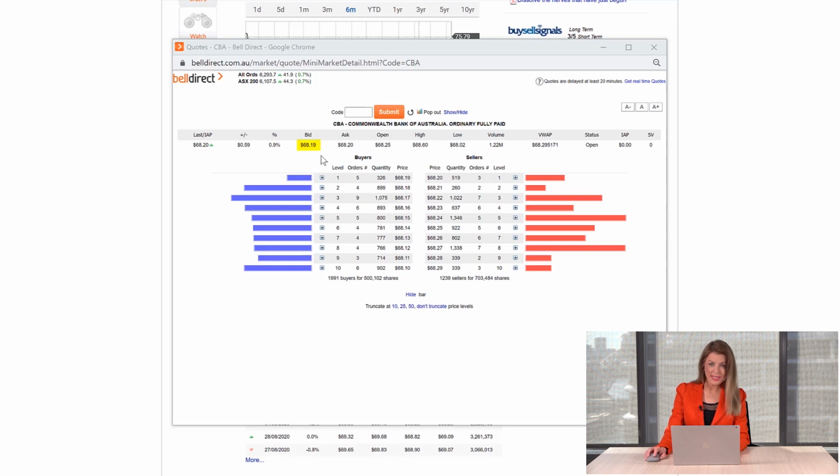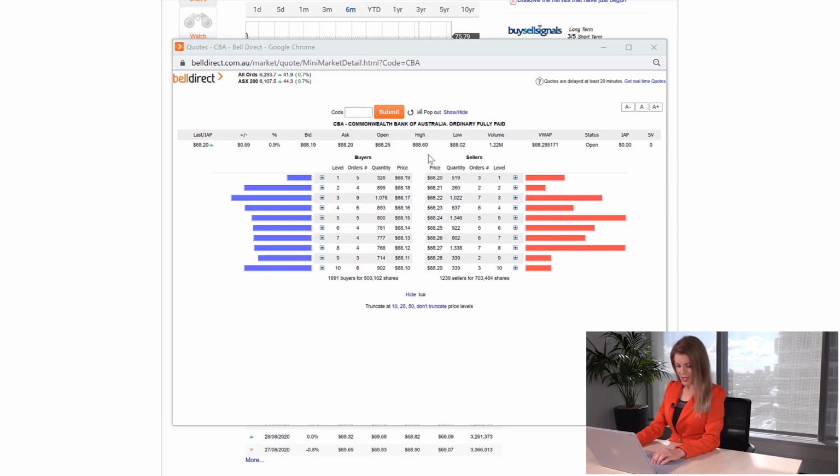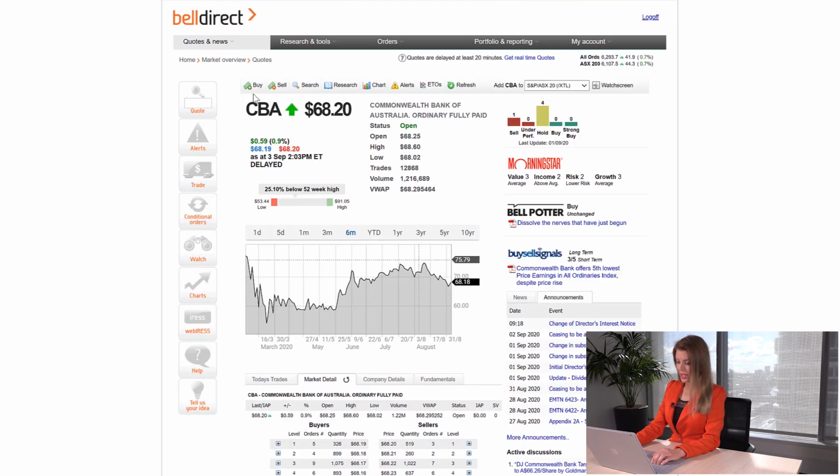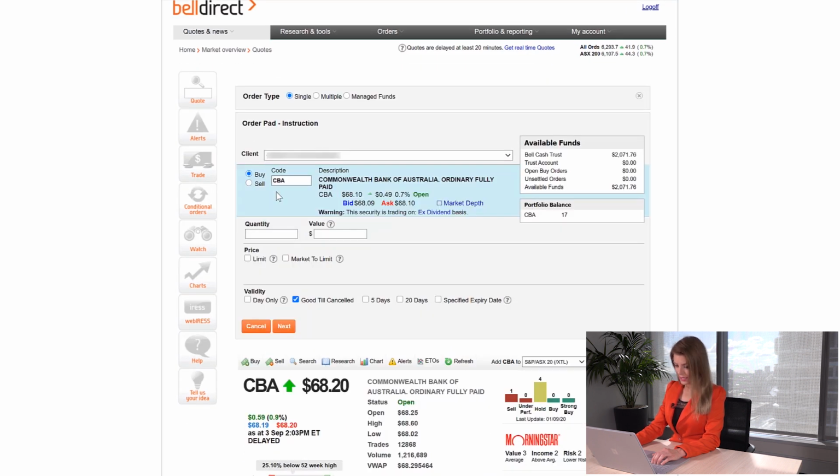You will also see the bid, which is the highest price a buyer is willing to pay for the stock, and the ask, which is the lowest price a seller is willing to sell their stock at. So if I wanted to buy or sell a stock today and wanted to use a price limit, I'd tick limit.